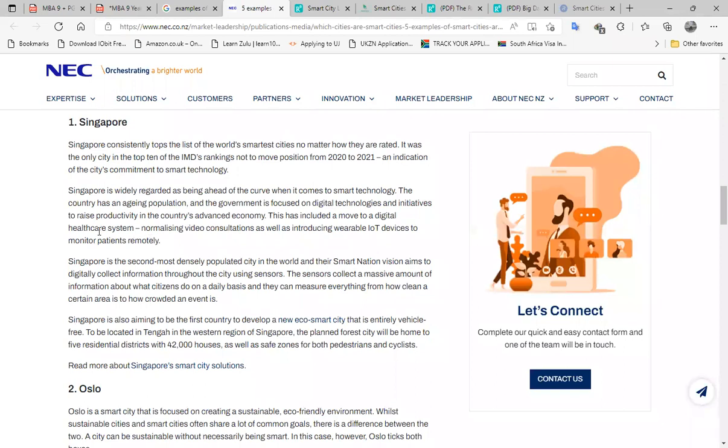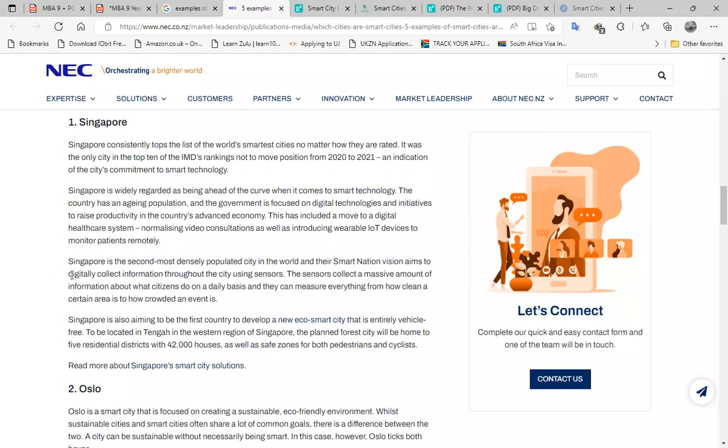But when it is to the health system, the wearables are connected to the health system to monitor. So instead of coming to the hospital to be checked of blood pressure, they can just wear a smartwatch at home, and because they communicate through the internet, that data is recorded in that person's database, right? Singapore does.